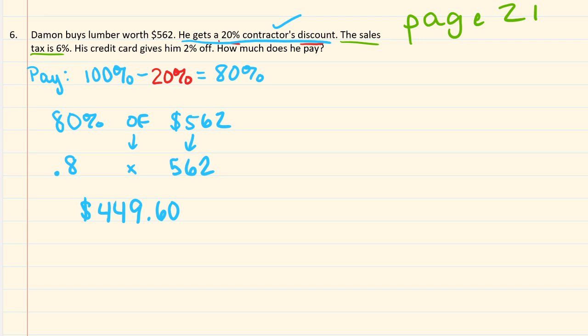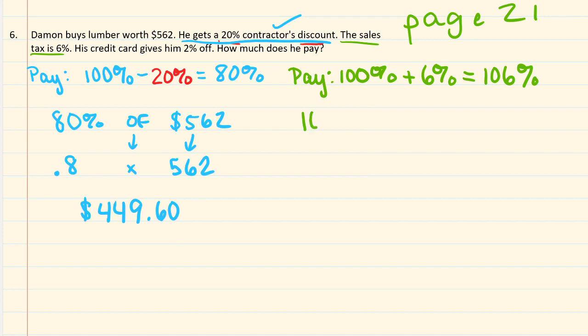So we're actually going to be paying 100% of the $449.60. So we're going to pay that full thing, but we're also going to have to pay an additional 6%. So that really comes out to 106%.